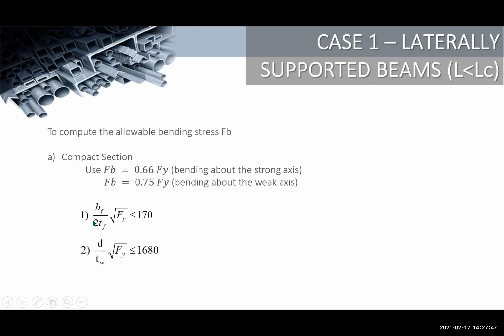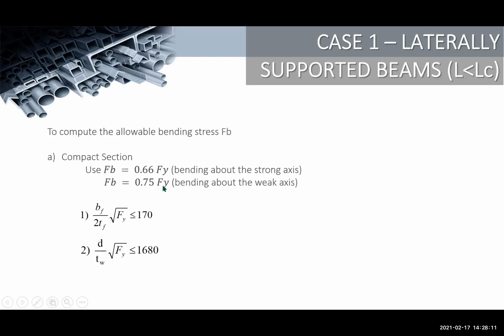First condition is if your BF over 2TF multiplied by square root of Fy is less than or equal to 170. And then, if your D over TW multiplied by your square root of Fy is less than or equal to 1680, then your section is compact. So, we will use this allowable bending stress.